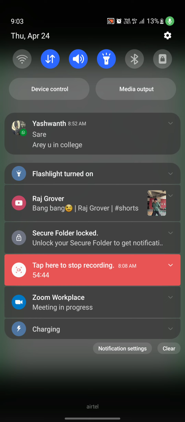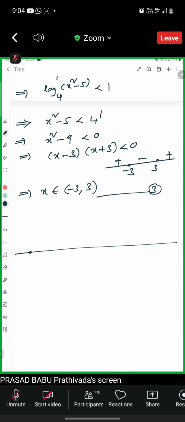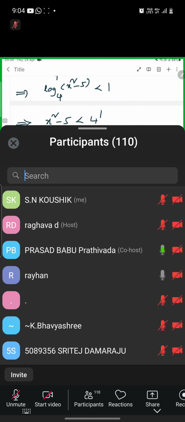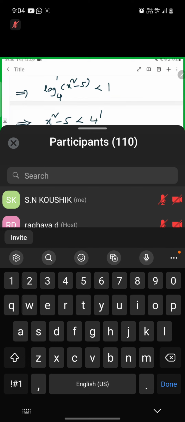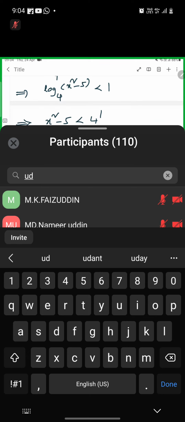Minus 3 is least among all. Next, minus root 6. Next, minus root 5. Next, root 5. Next, root 6. Next, 3.